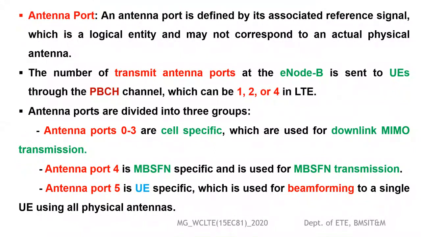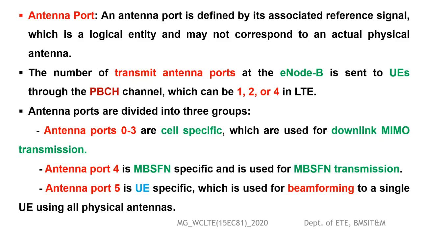The antenna port is defined by its associated reference signal, that is, according to the reference signal it is associated with. It is basically a logical entity, and it may not correspond to the actual physical antenna.